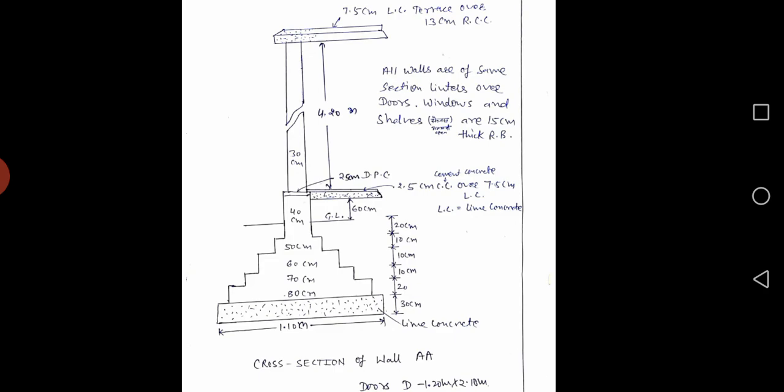Then the third footing is 60 centimeter width and 10 centimeter depth. Then the fourth footing is 50 centimeter width and 10 centimeter depth.